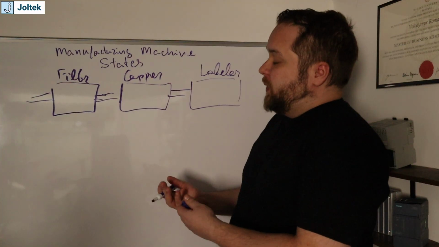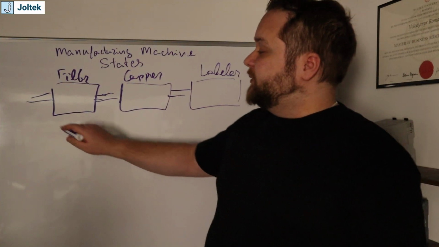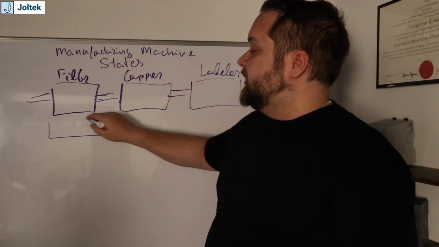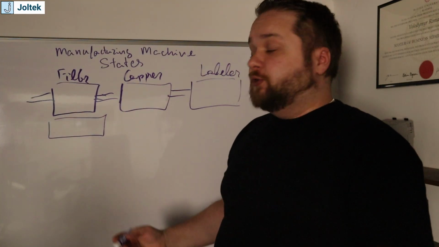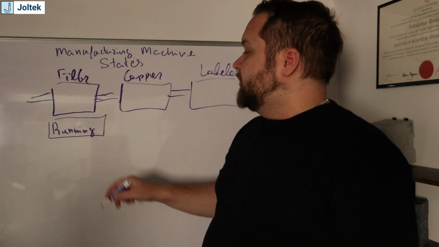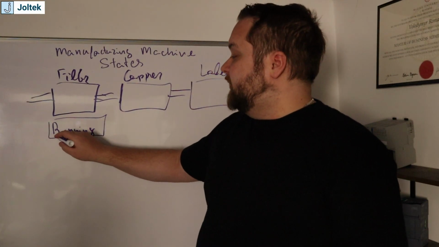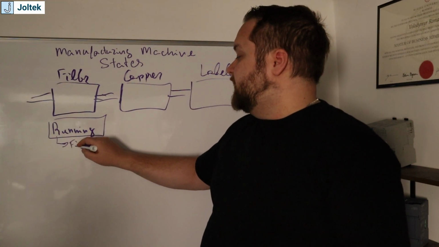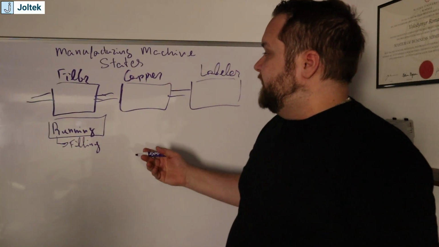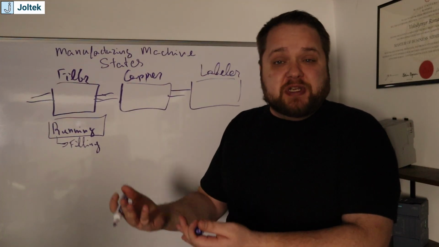But basically, each one of the machines or assets is going to have a state when it comes to the industrial automation side. So in this case, for example, your filler in a normal state is running. And of course, if you want to be a bit more specific for the type of filler, it could be filling, right? So the capper could be capping, but the state itself is that the machine is running.